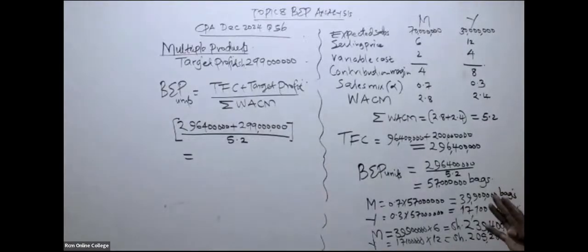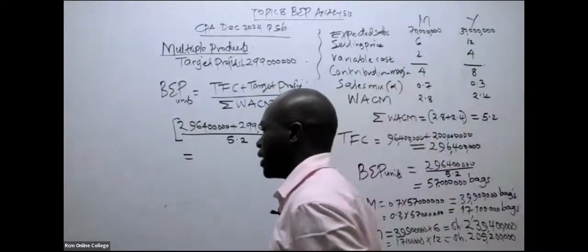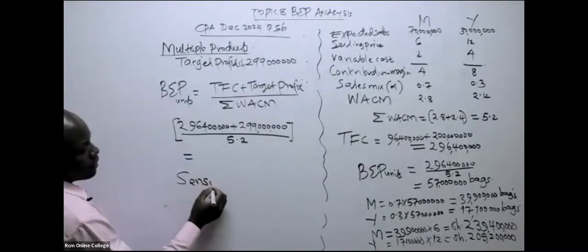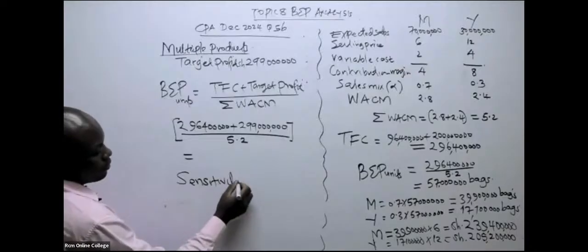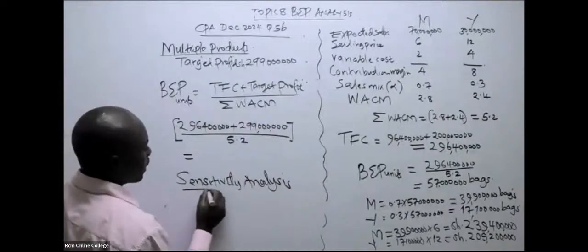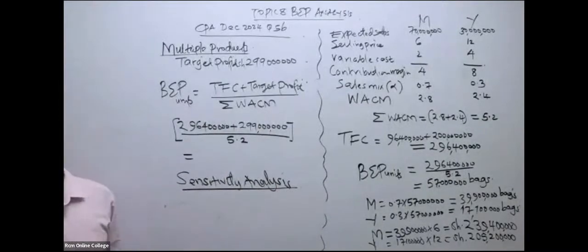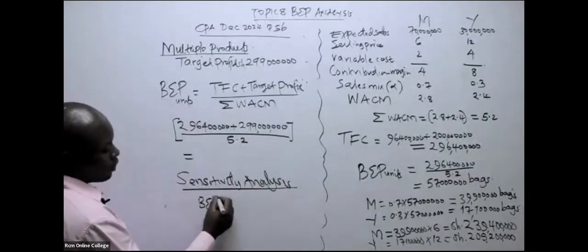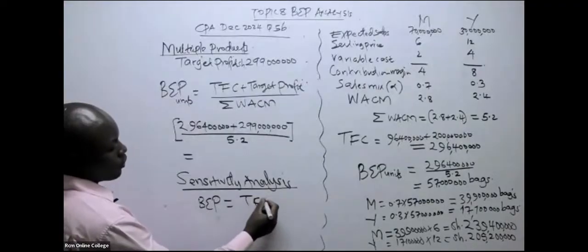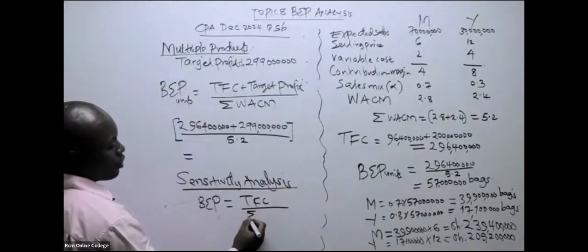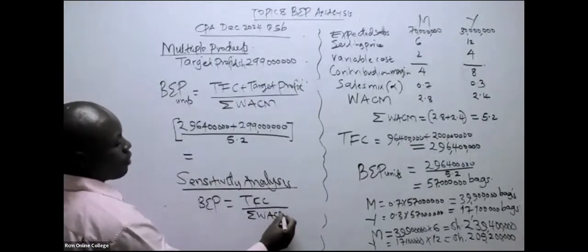Actually, what we have been doing here from the start under this December 2024 is what we call sensitivity analysis. Under sensitivity analysis, we change one item at a time. Our formula says the break-even point is equal to total fixed cost divided by the summation of weighted average contribution margin.